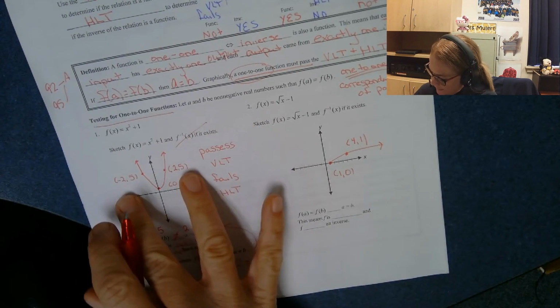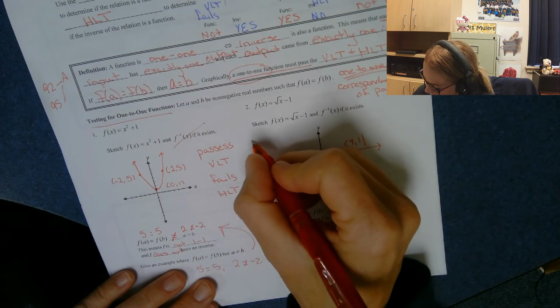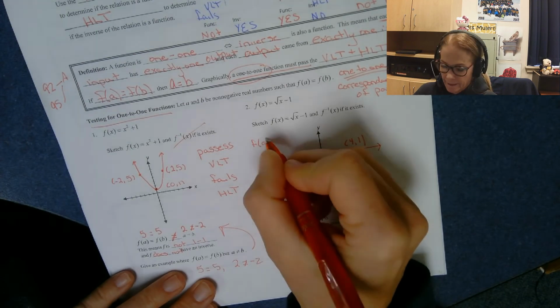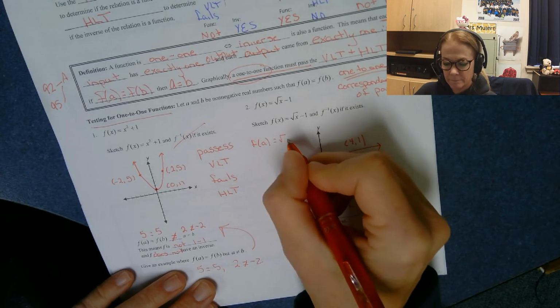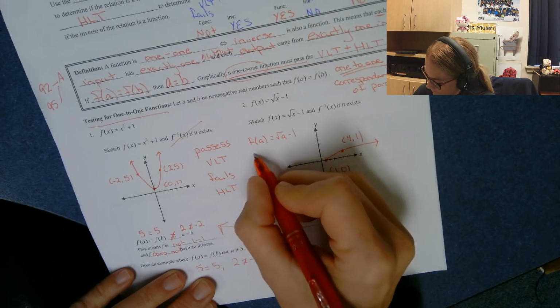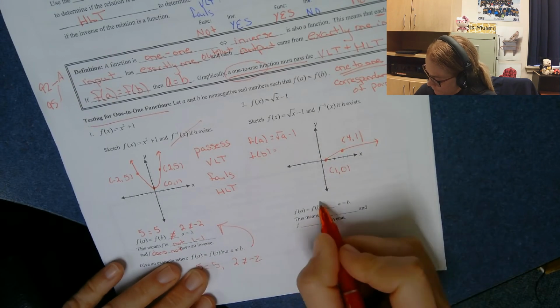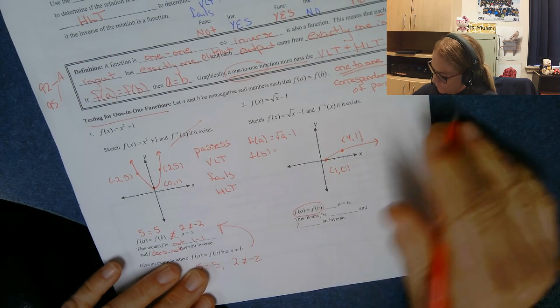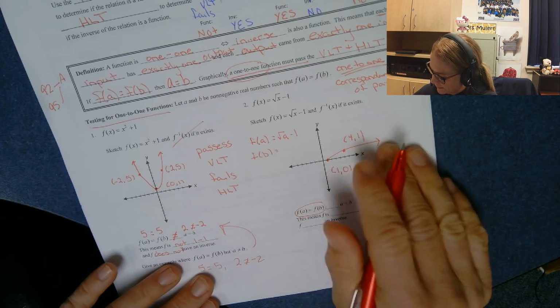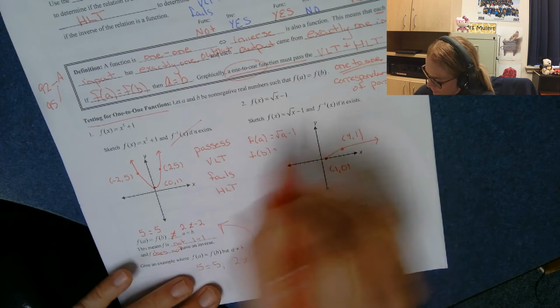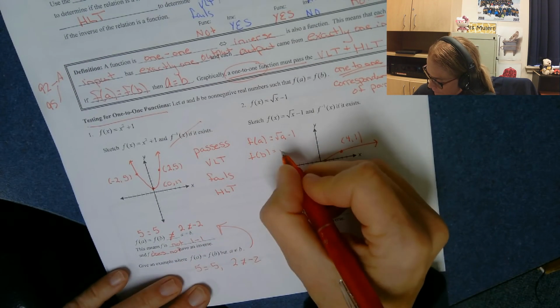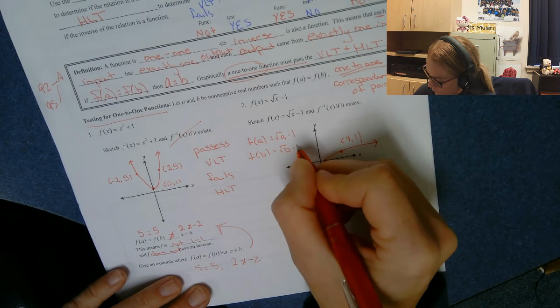So this one we can actually see those points, but this one we're going to have to put in some f of a equaling root a minus 1. And then some other f of b. We're just going to have to figure out what these are, since we can't just see it on this square root graph. So we're going to do f of b as root b minus 1.